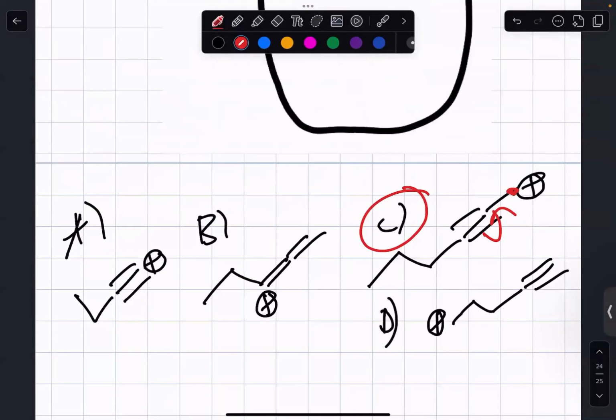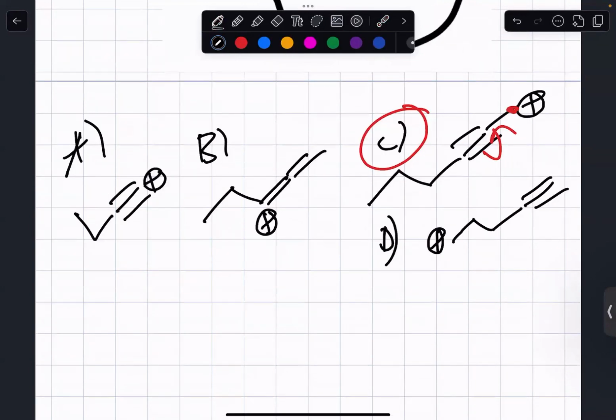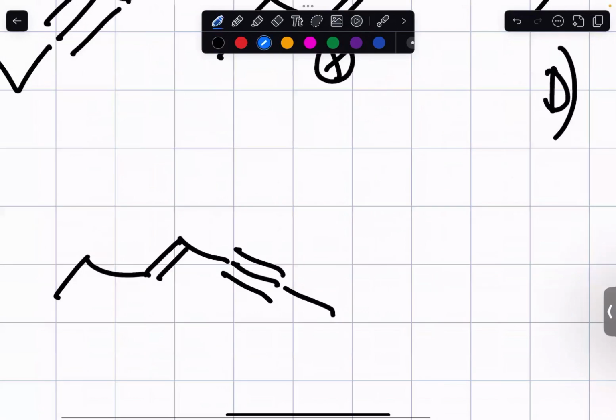Yeah, so this is the propargylic one. Actually, this is a pretty quick thing to go over. Let me just draw one big molecule for you and show you what this means. We said earlier the alkene carbons are the vinylic carbons directly on the alkene.